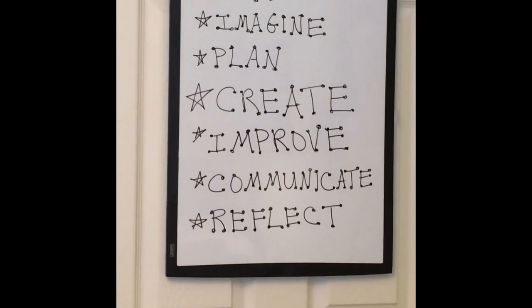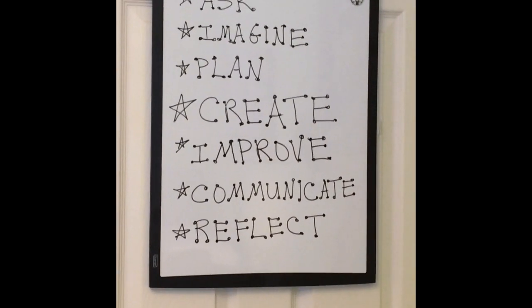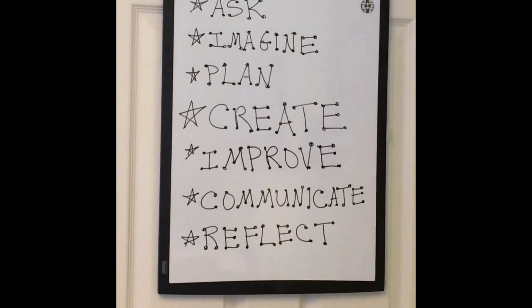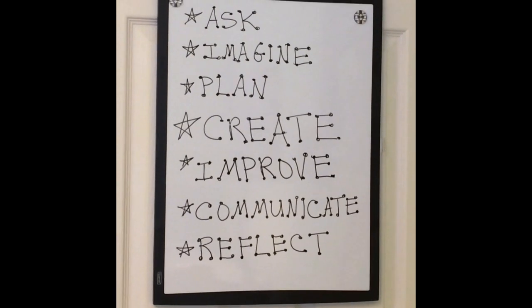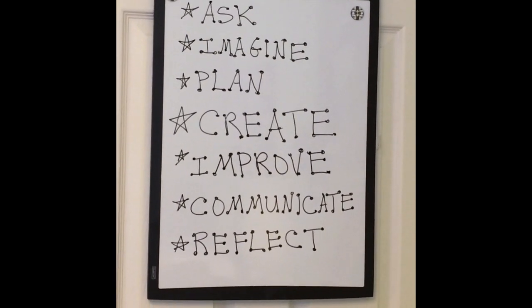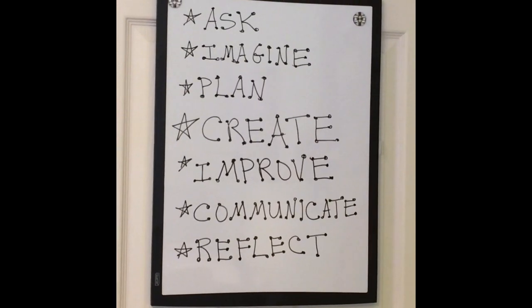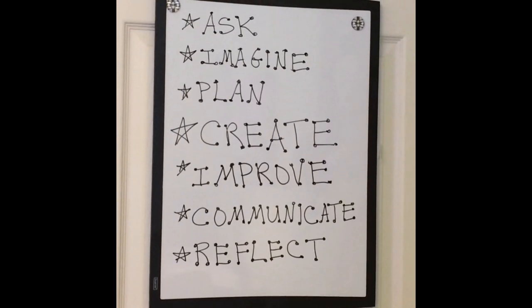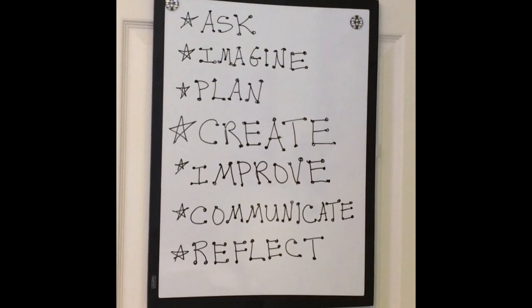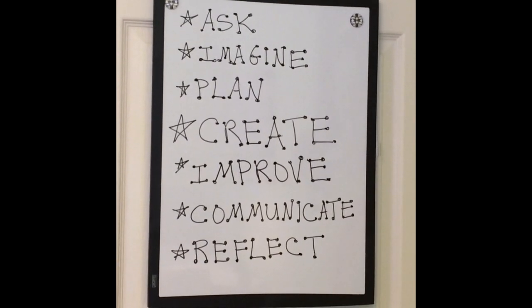Okay, let's get started on creating our rainbow. Whenever we create something, we use a process, and I think this is one of the best ways to do it. We first ask ourselves about what we want to create, and we find out about it as much as we can. What do we already know, and what do we need to find out?